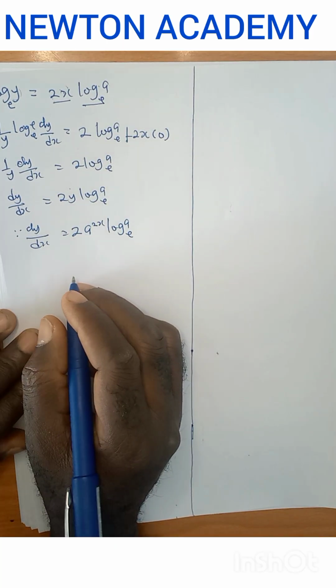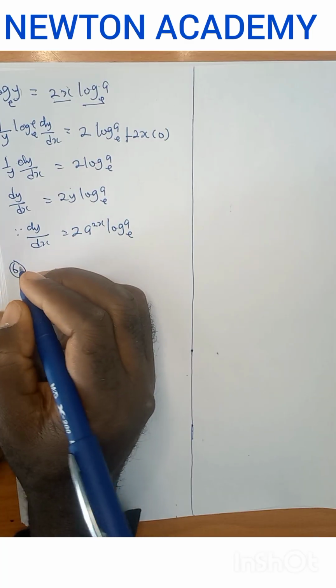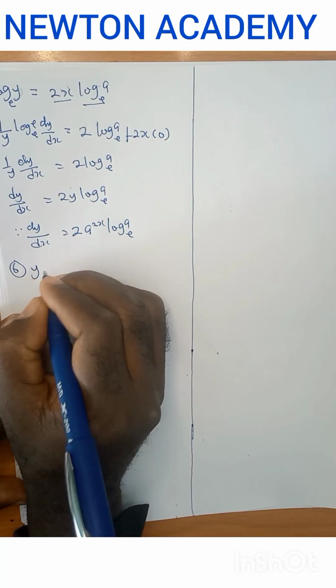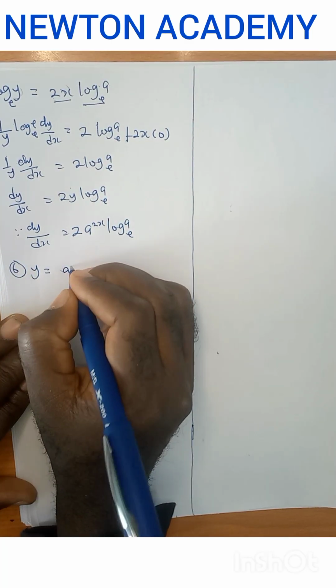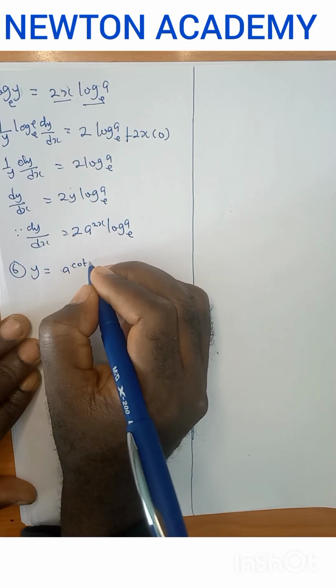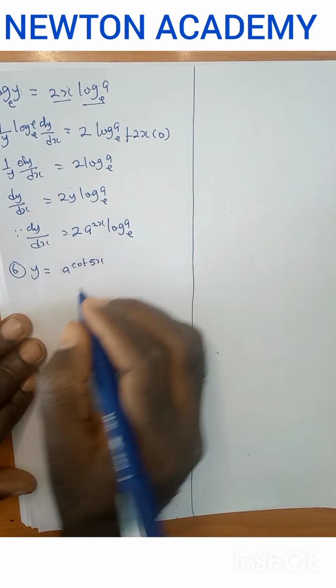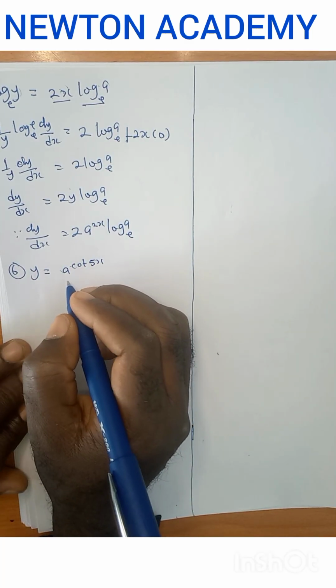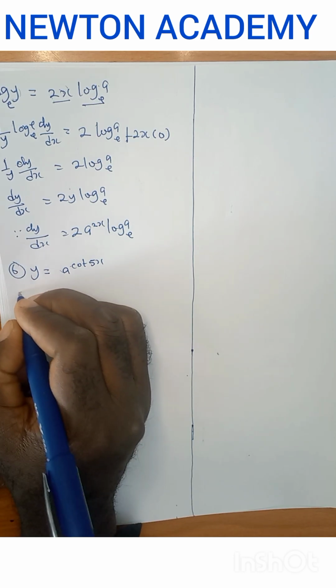Let's take one more example. That's our question 6. Before we call it a day, y is equal to a raised to power cot 5x. This one is also a raised to power, so we take log of both sides as well.